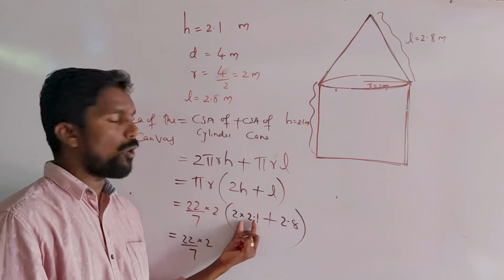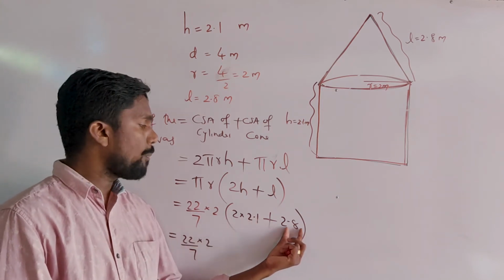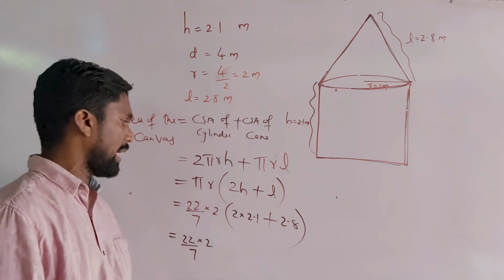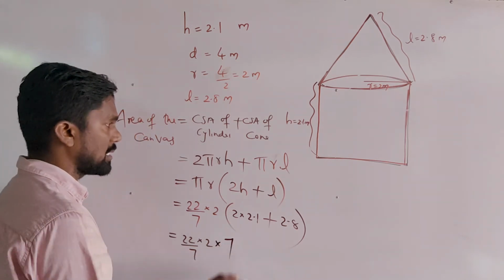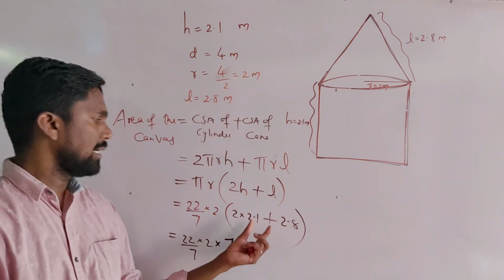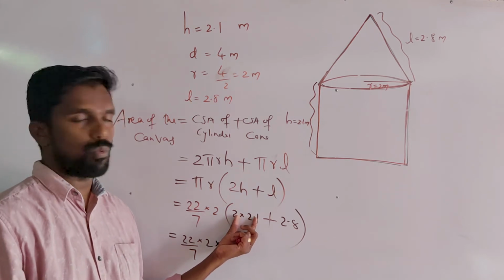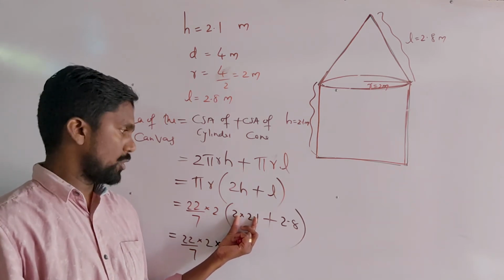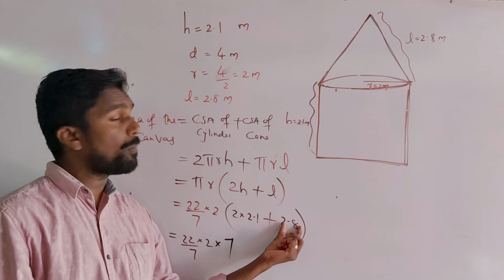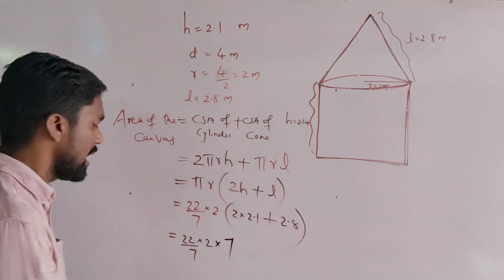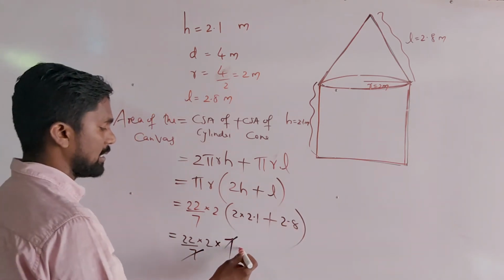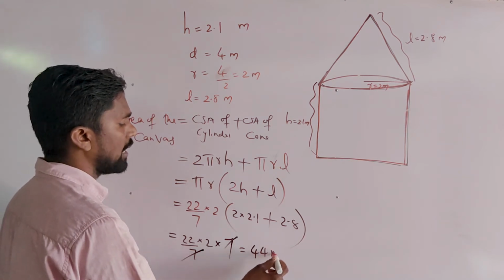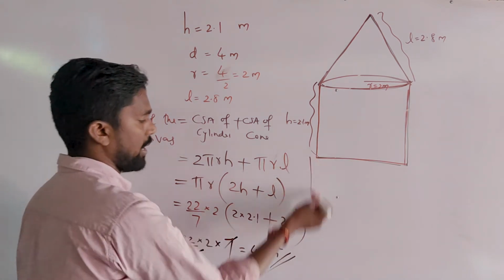Then 4.2 plus 2.8 is 7. The 7 cancels, and that is equal to 44 meter square.